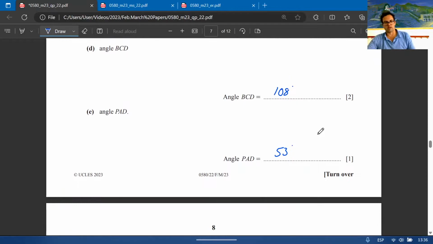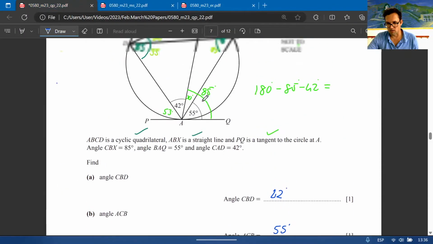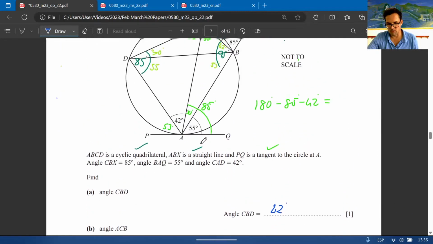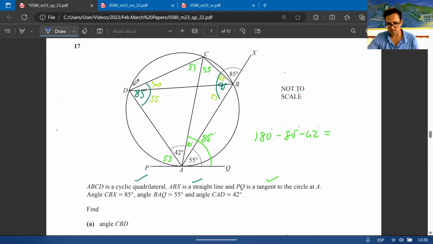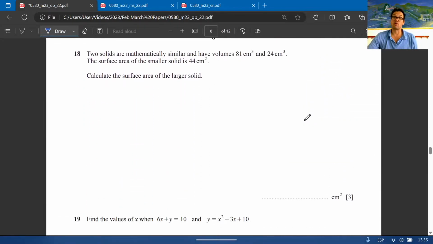Yeah, we got them all correct. Nice. Why is that 100? Oh, if you got one of those angles, ACD or BAC, you get 1 mark. So that's angle BCD. Not as hard as it looks, is it?